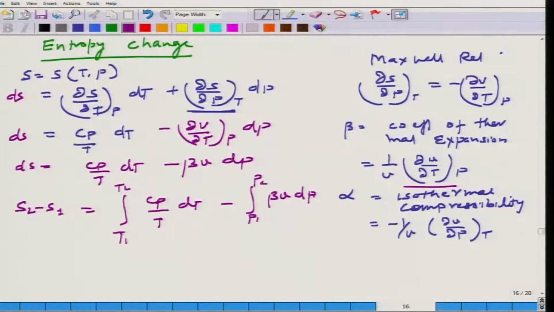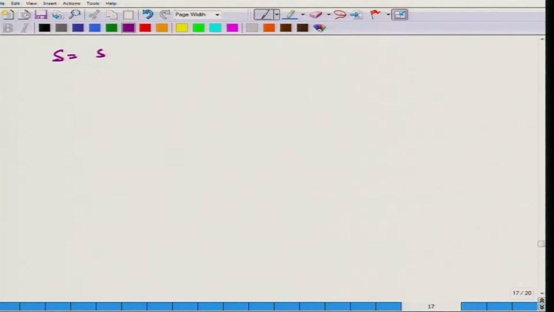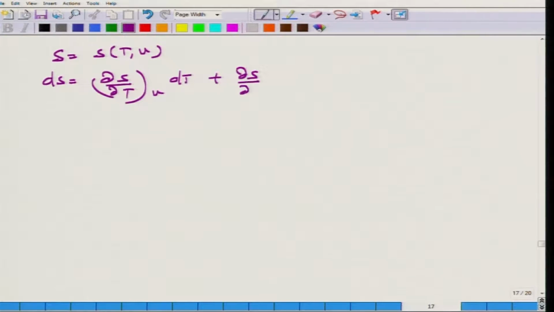Similarly, I can also derive an expression where S is a function of T and V. So your dS is, in terms of partial derivatives, del S by del T at constant V dT plus del S by del V at constant T dV. The first term is nothing but your Cv by T dT. And what about the second?